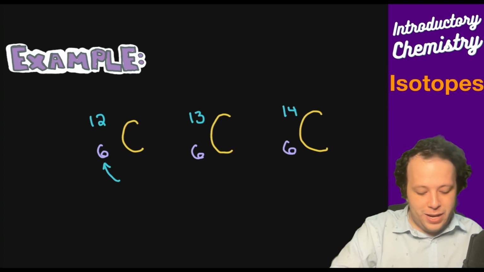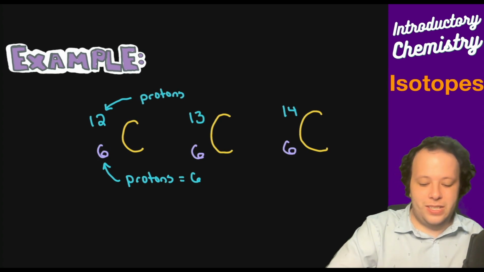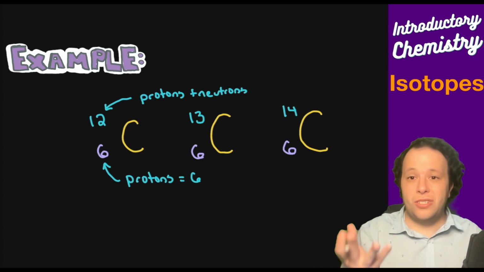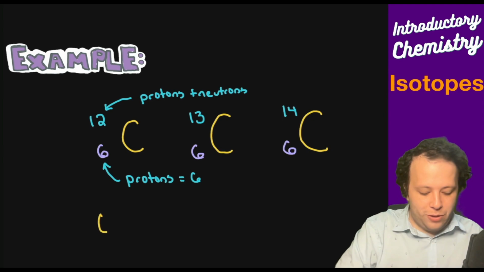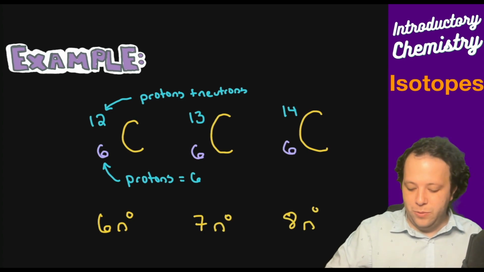Also, your atomic number is equal to the protons. So protons in this case is 6. This is your protons plus neutrons, so you can do some simple algebra to tell you how many neutrons are there. For example, for carbon 12, we have 6 neutrons. For carbon 13, we have 7. And for carbon 14, we have 8 neutrons.